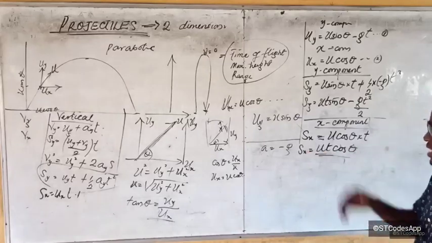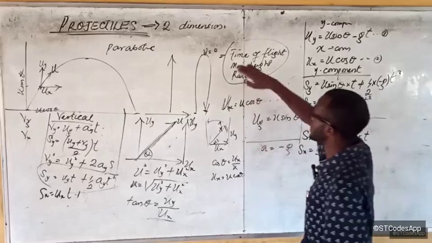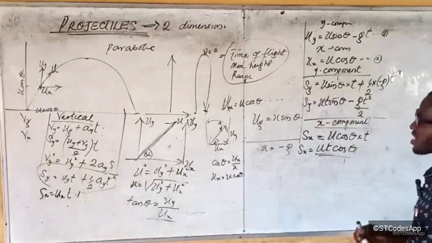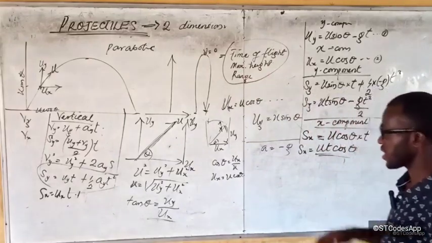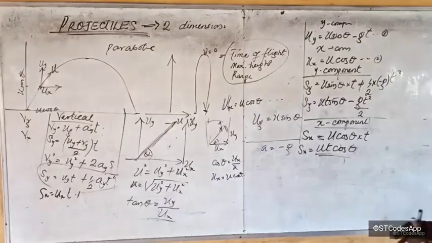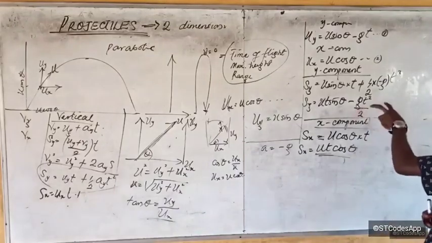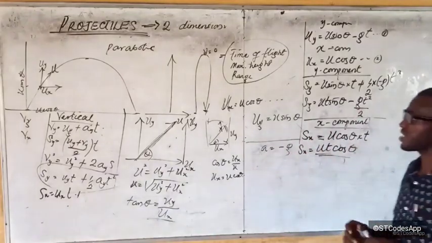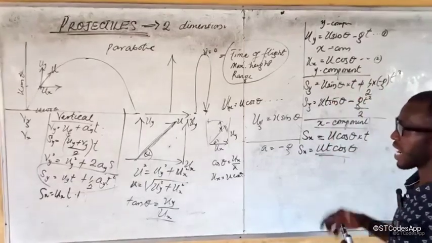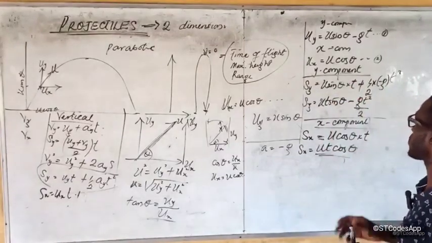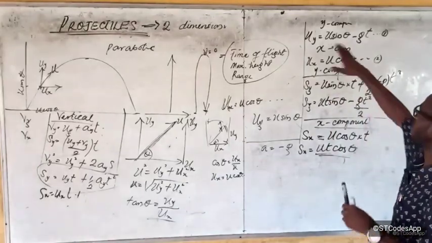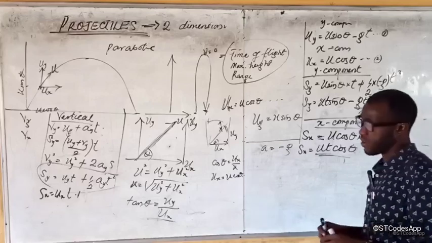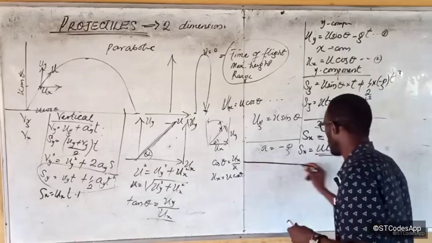Now, the next thing we can do is find the time of flight. What is the equation for the time of flight? Since we know that the body is moving in both vertical and horizontal displacement, we can use any of the equations we have used before.